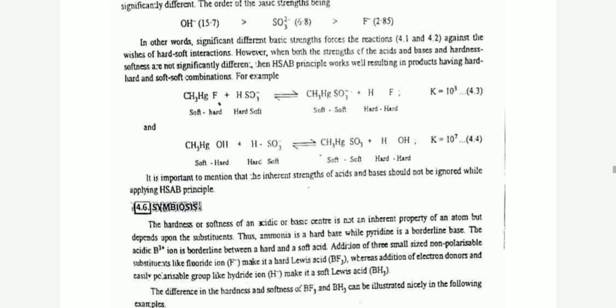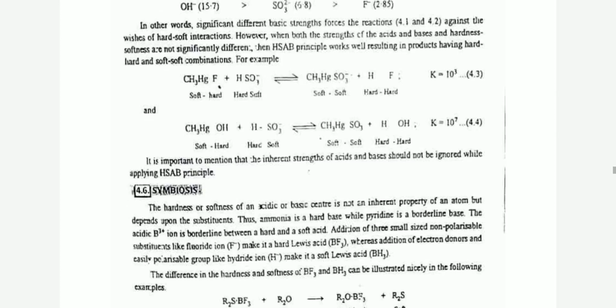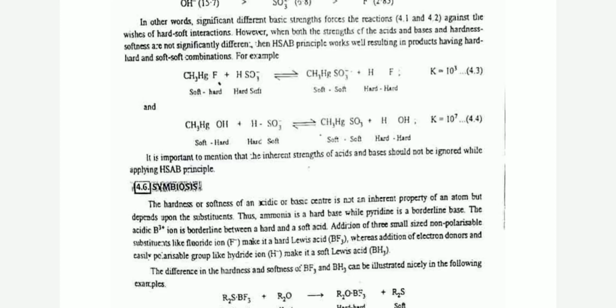For example, CH3HgF plus HSO3⁻ in equilibrium with CH3HgSO3⁻ plus HF, K equal to 10 raised to the power 3, reaction 4.3, and CH3HgOH plus HSO3⁻ in equilibrium with CH3HgSO3⁻ plus HOH, K equal to 10 raised to the power 7, reaction 4.4.